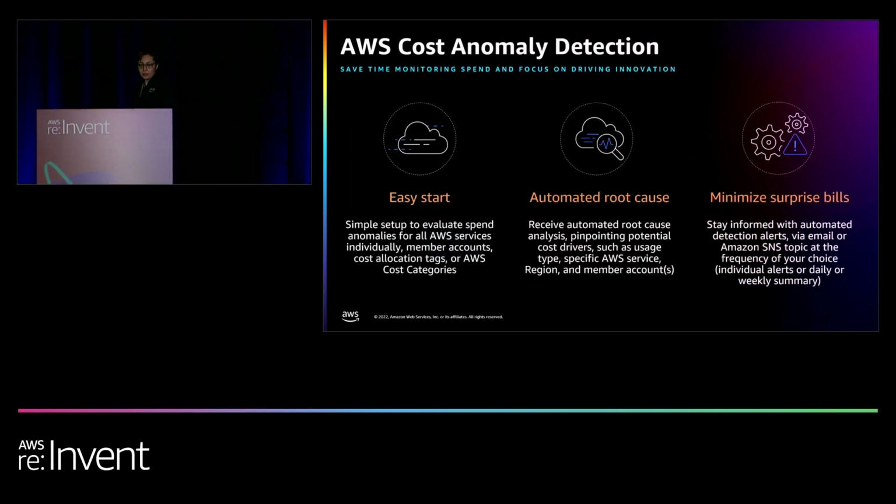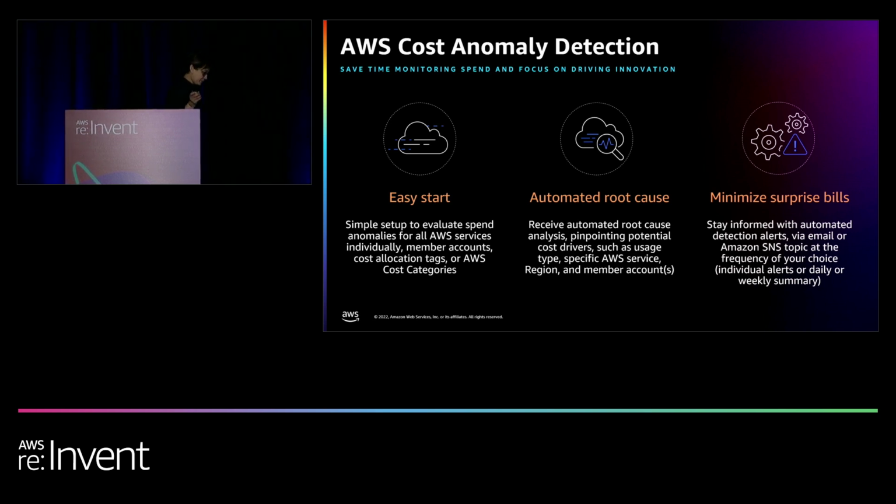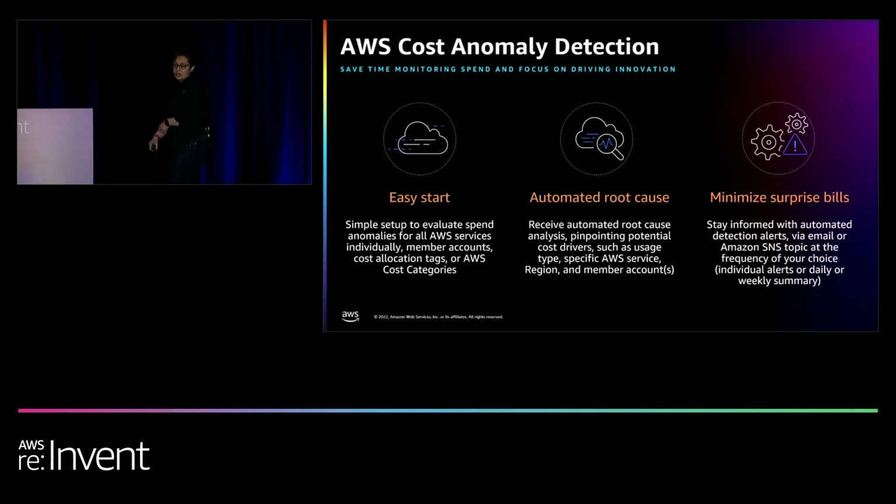All right, going back to your feedback about bill shock. How can you avoid that? AWS got that feedback and designed Cost Anomaly Detection.